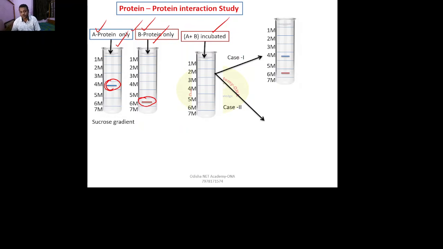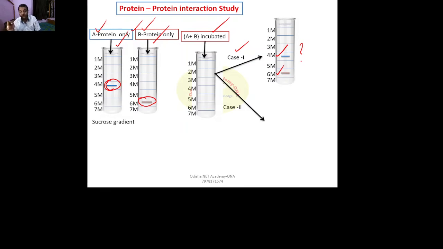Suppose after centrifugation, case 1, you are getting two separated lines or bands, one at 4 molar, one at 6 molar position. So what will be your conclusion? Are they intermixing, interacting or not?